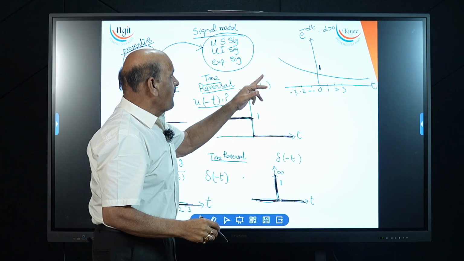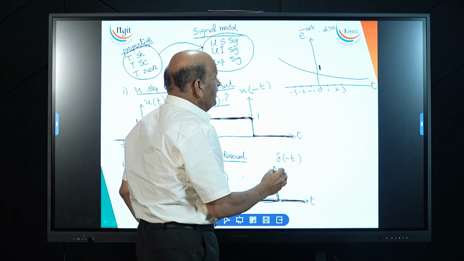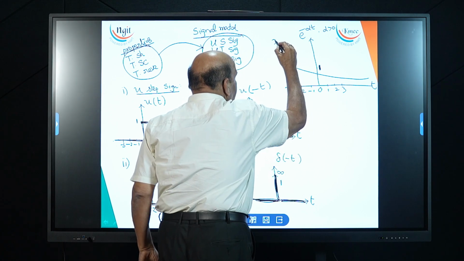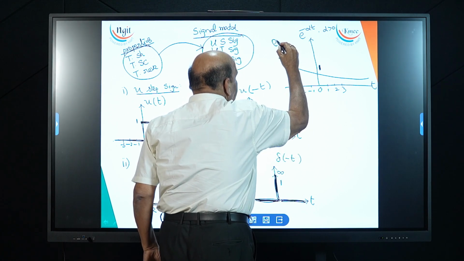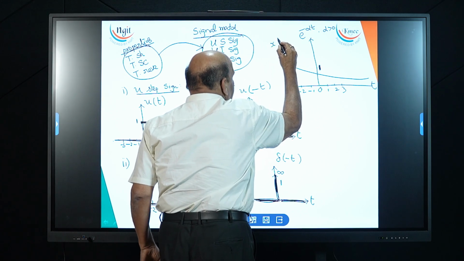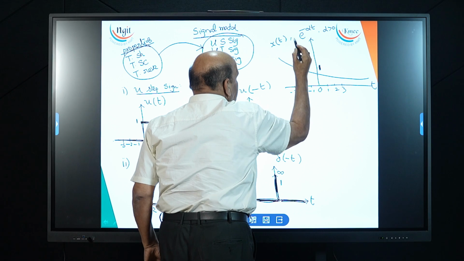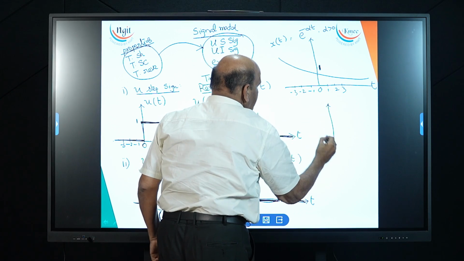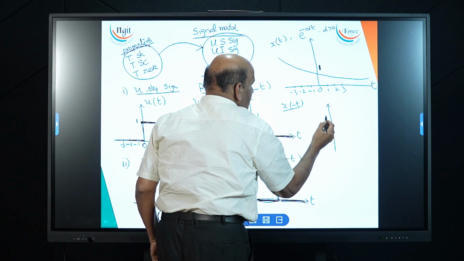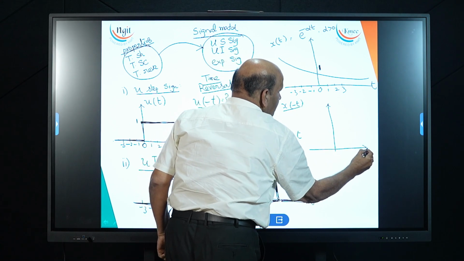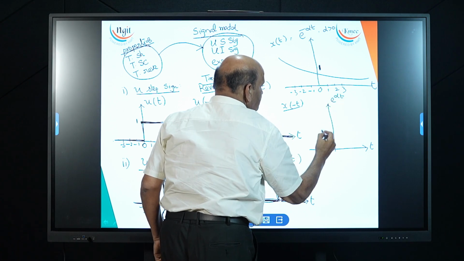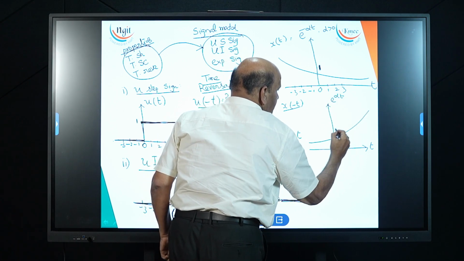This is the graph, equal to x of t. Now, what is the time reversal of this graph? What is the graph of x of minus t? The graph will be reversed. This becomes e power alpha t, so it makes a graph like this.